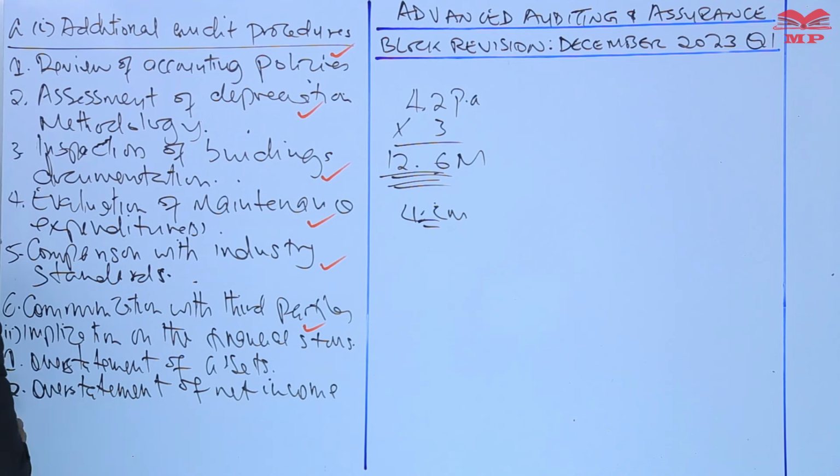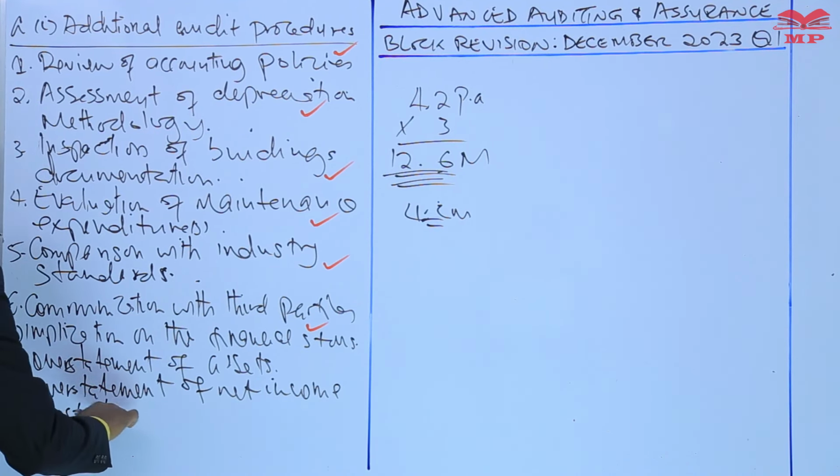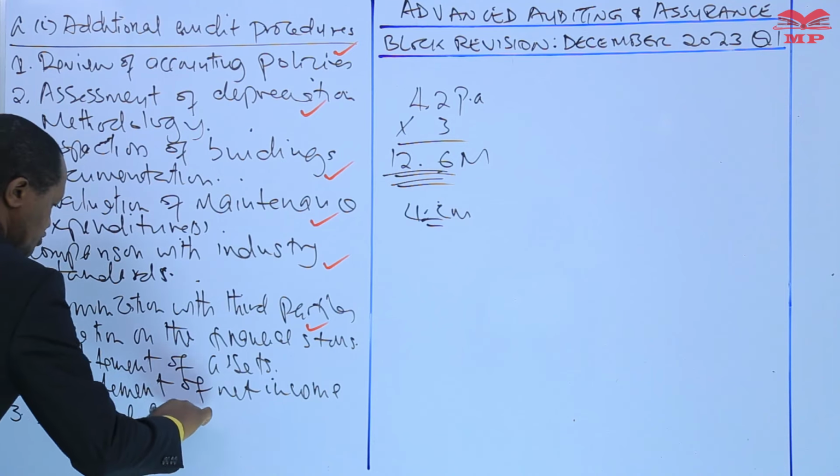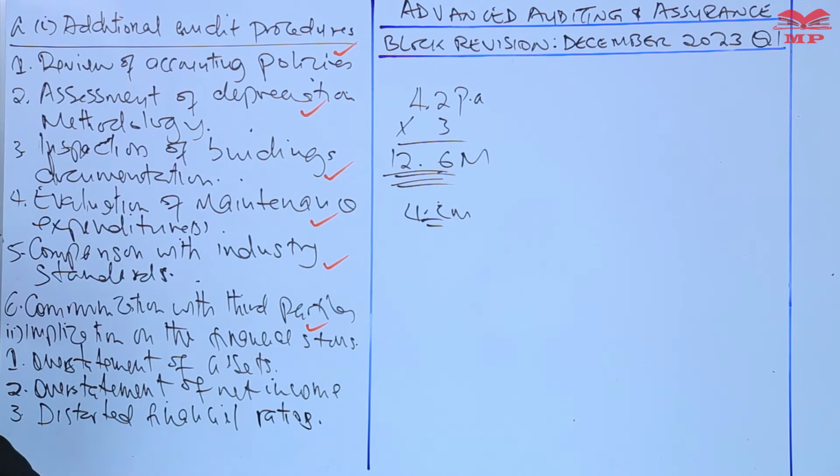Number 3, distorted financial ratios. The overstatement of assets and net income due to the omission of depreciation affects various financial ratios.